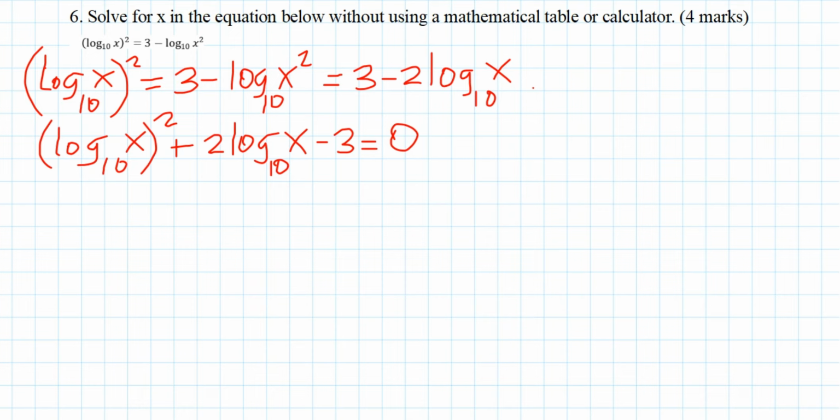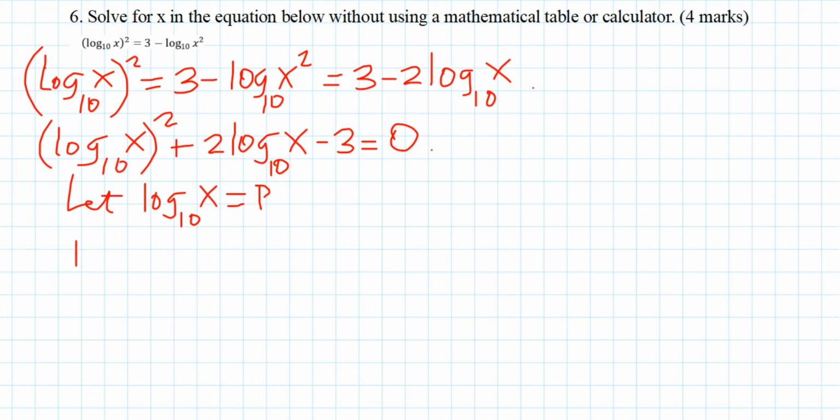So as I had said before, we cannot open up the brackets where we have the log to base of 10 of x, all of it squared. So here we need to be more inventive. What we do, we let the log to the base of 10 of x be equivalent to p, and we substitute that p into our equation.